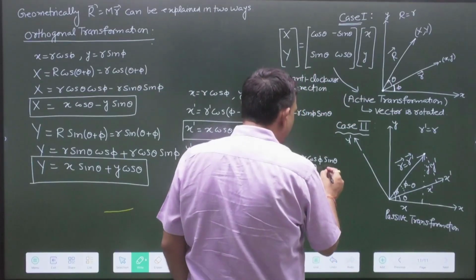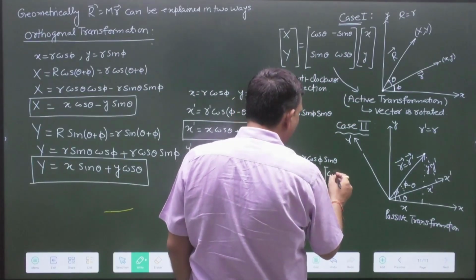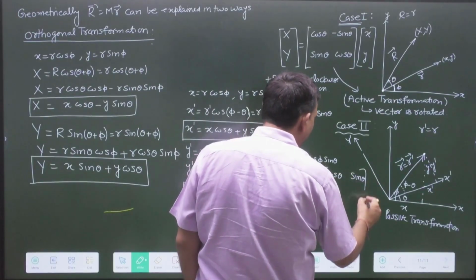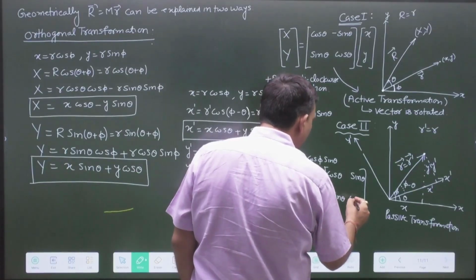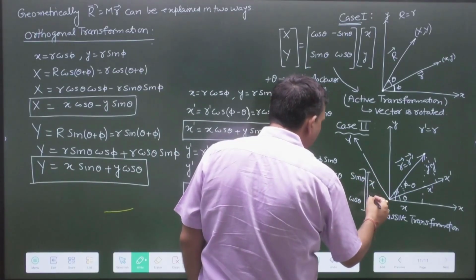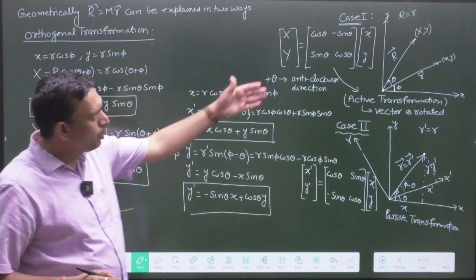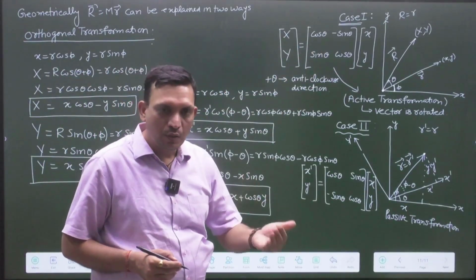So what will be this matrix? cos theta, sin theta, and minus sin theta, cos theta, and this component will be xy. In both cases, determinant is 1, so they correspond to rotation.